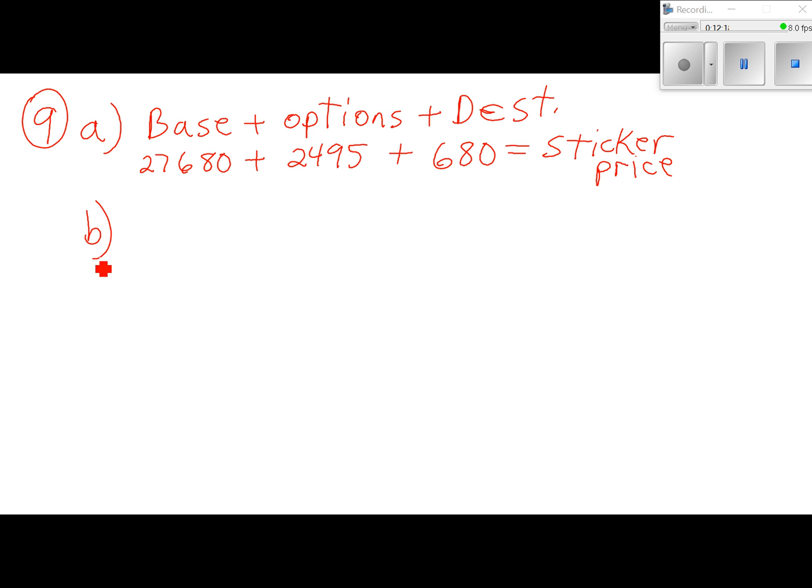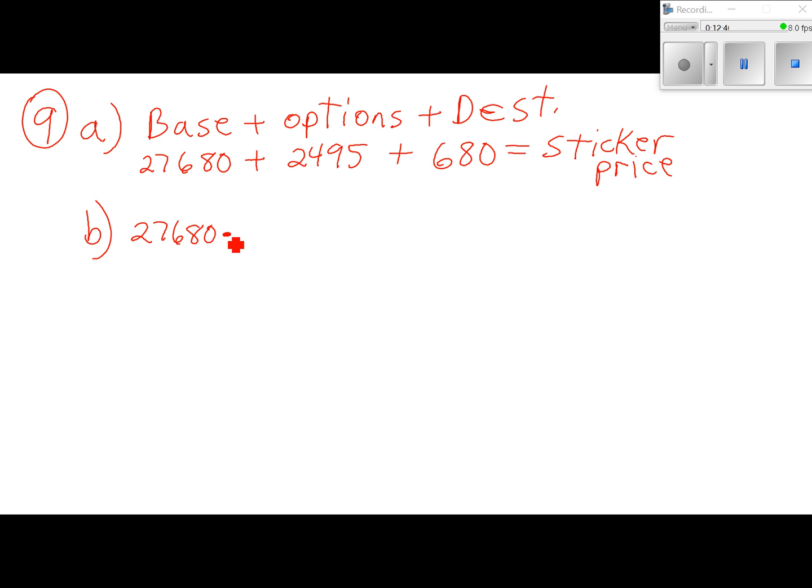Part B, they want the dealer cost. Well, we're going to do the same thing we were doing on those others. This time, they tell us that the base price was $27,680.